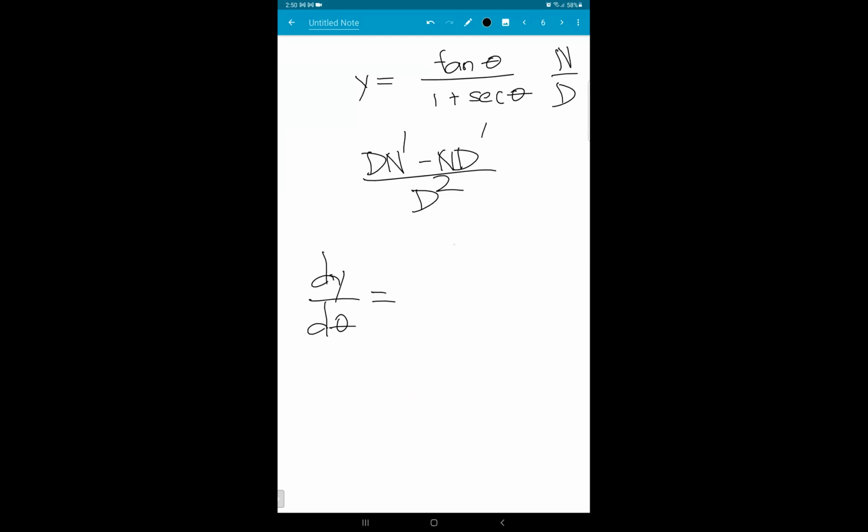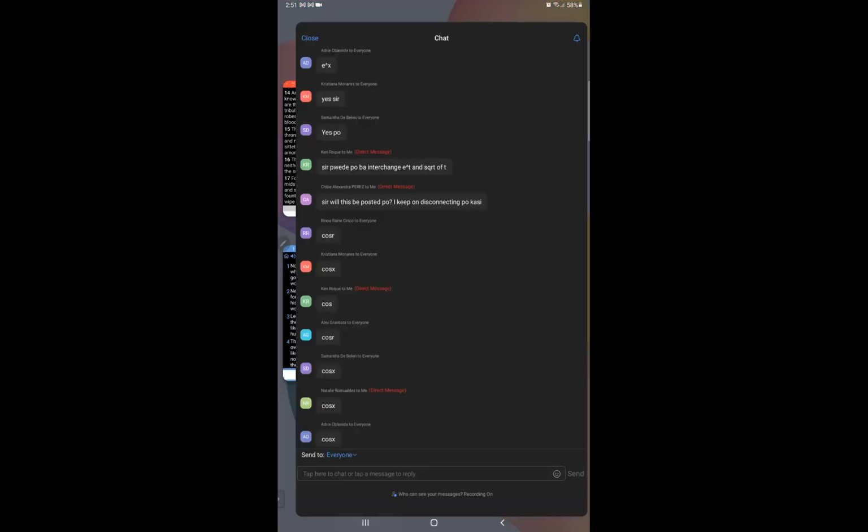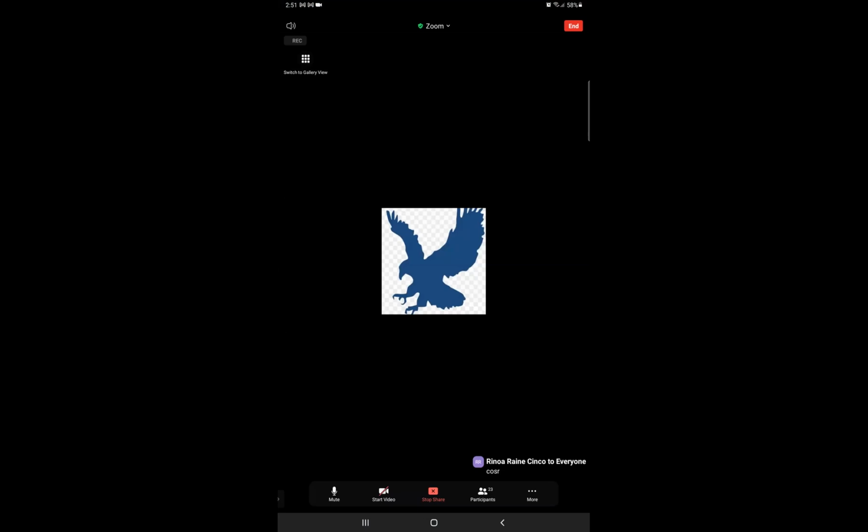So we have 1 plus secant theta times the derivative of the numerator. What's the derivative of tangent theta? Anyone? Derivative of tangent theta?